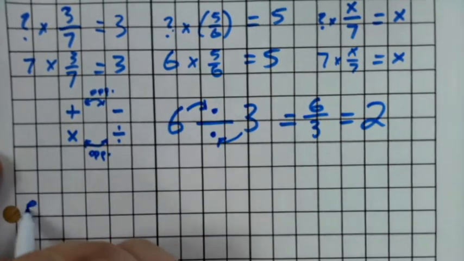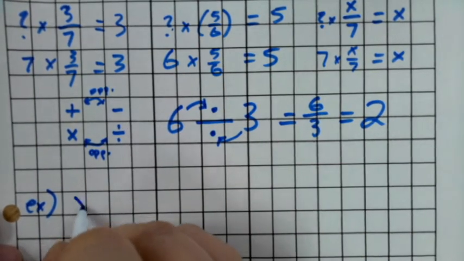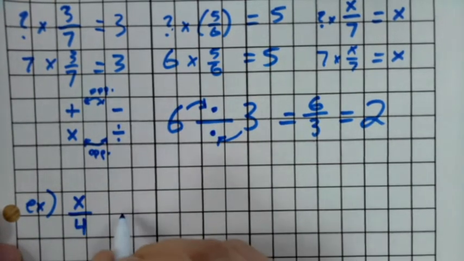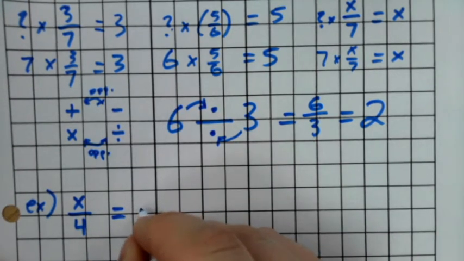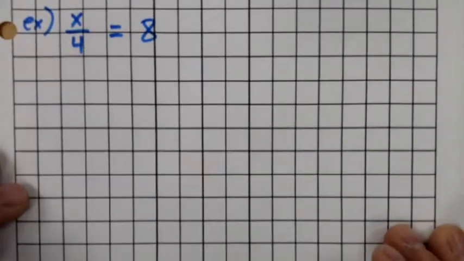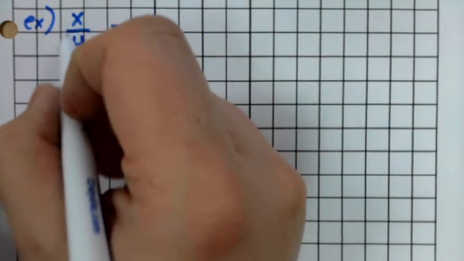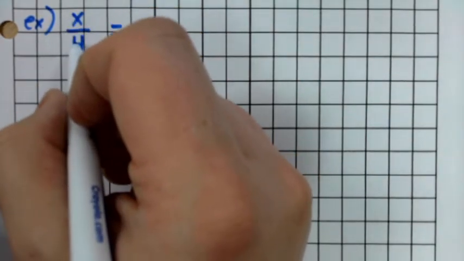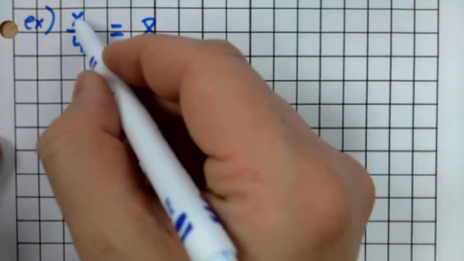So let's look at some examples here. x over 4 equals 8. What could we multiply here in order to make this x be by itself?